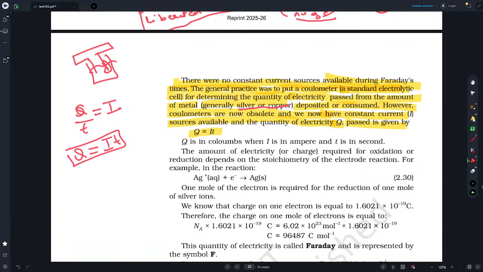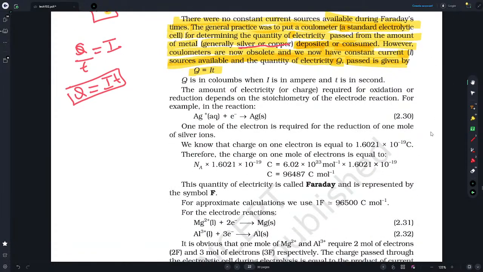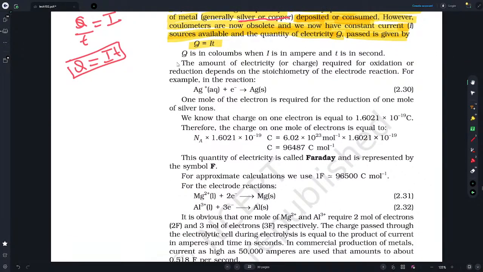Silver or copper were used, deposited or consumed, depending on how much the reaction undergoes, where the anode is consumed or dissolved and the cathode gains deposit. However, coulometers are now obsolete, and we have constant current sources available. Due to our advanced technology, we can easily measure the current without the use of electrolytic cells.